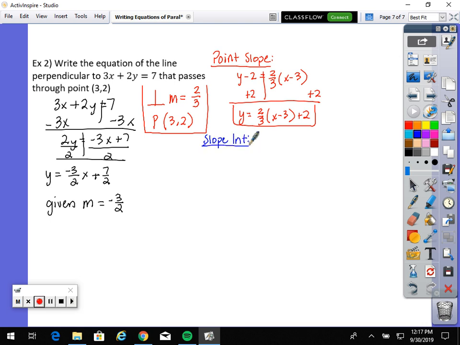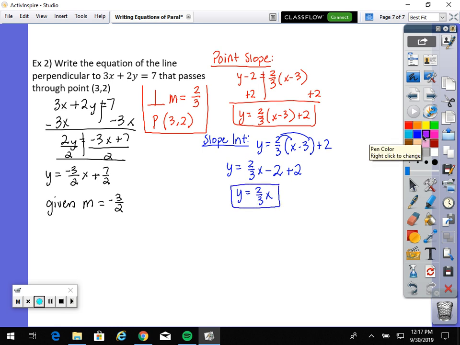So I'll rewrite it here: 2/3 x minus 3 plus 2. I distribute the 2/3, and I get y equals 2/3 x minus 2 times 3 is 6 divided by 3, so that makes it 2, plus 2, so minus 2 plus 2. So y equals 2/3 x is going to be our answer in slope-intercept.